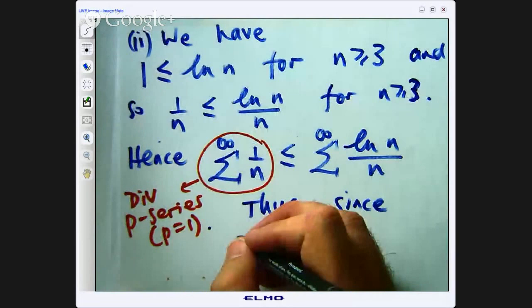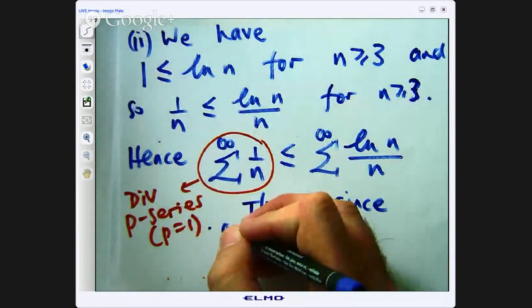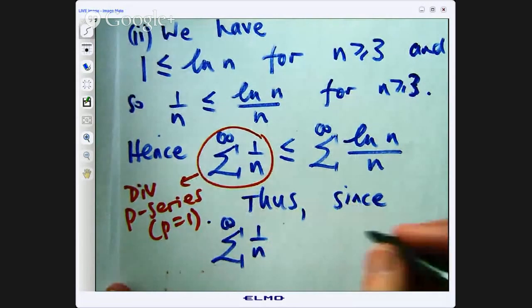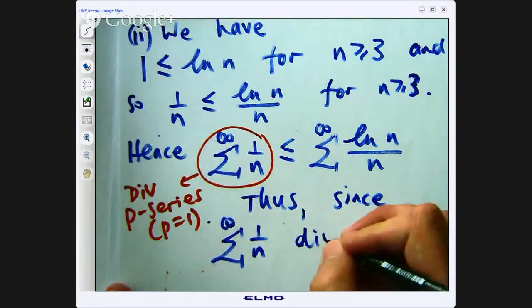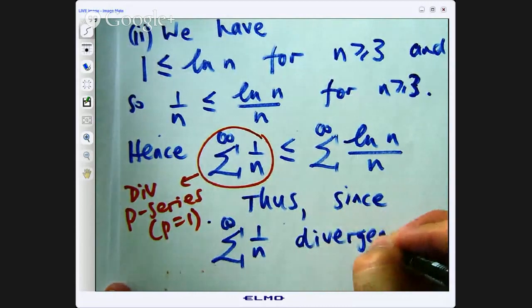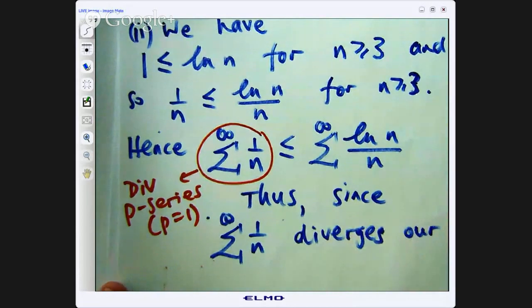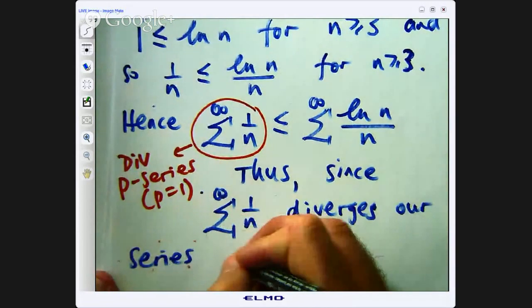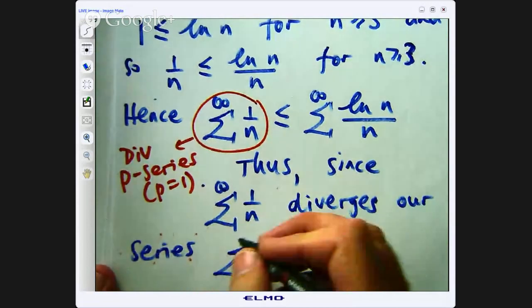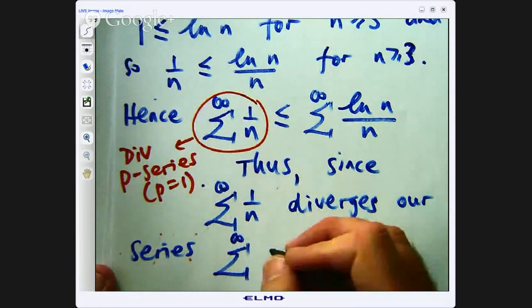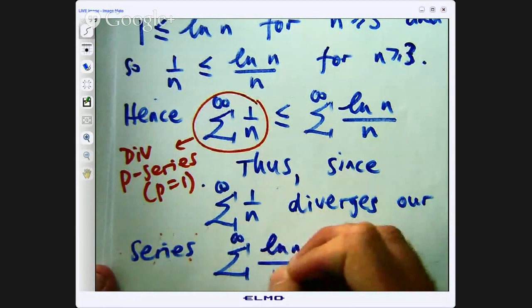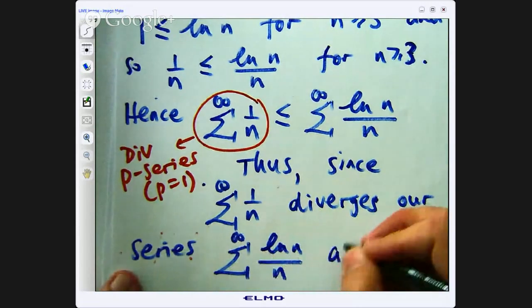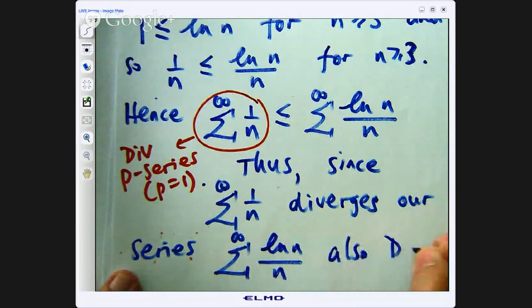Since this series diverges, our original series, log n on n, also diverges.